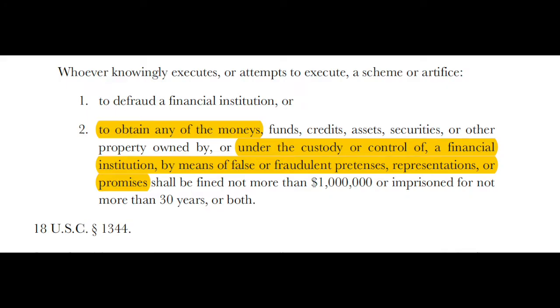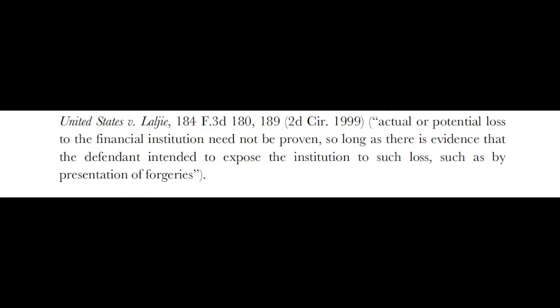Other acts of racketeering that I find commonly available are bank fraud, which is Section 1344. Essentially, it says it's a crime to obtain money or property under the control of a financial institution through fraud. There are cases out there that will say that only banks have standing under the bank fraud statute, but that's okay.